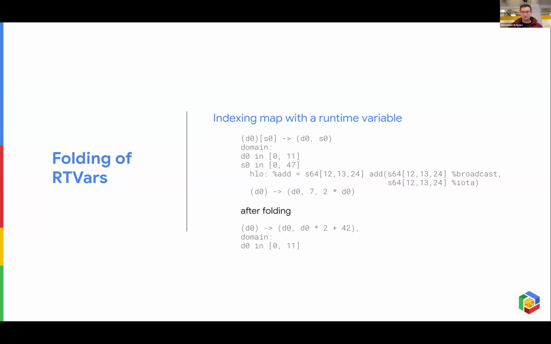But in principle, StableHLO and HLO instructions are almost the same. There might be some slight differences in the options or attributes of the ops, but that's pretty much it. Awesome.